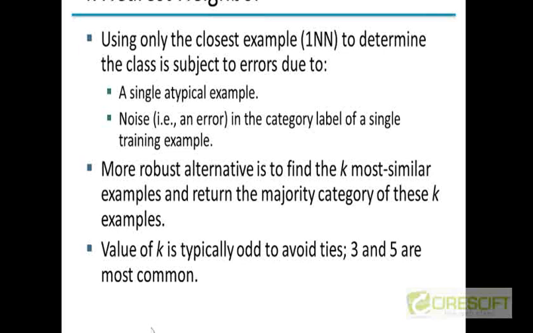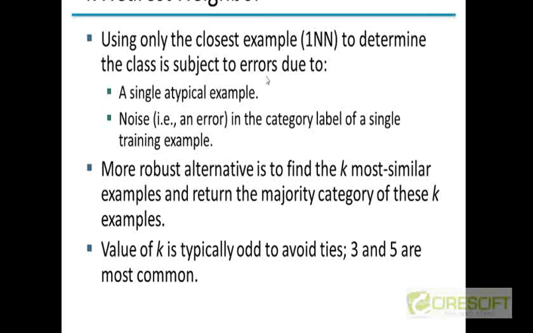Now you can imagine that the robustness of your algorithm will increase as you increase the value of k. Suppose k is equal to 1, which is the smallest possible value of k. Then your test document will be classified just based on a single document, right?